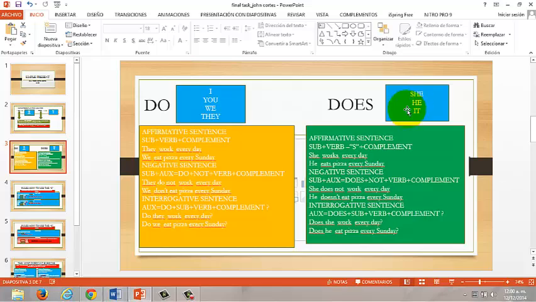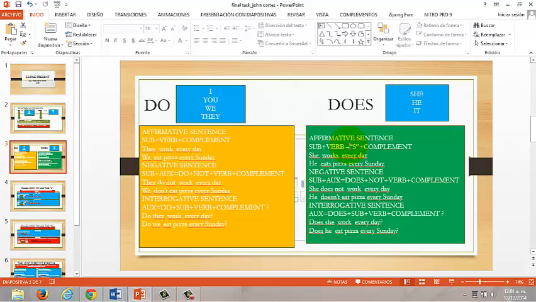I like to explain third person with the same example because you can check the difference between both cases. In the affirmative sentence, the structure is subject plus verb. Because it's third person, we have to add s.